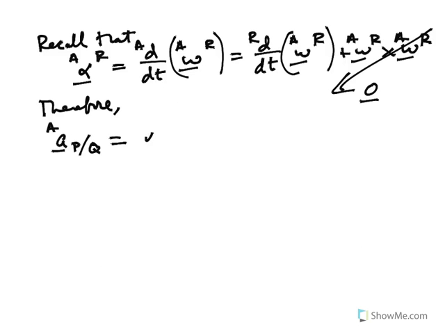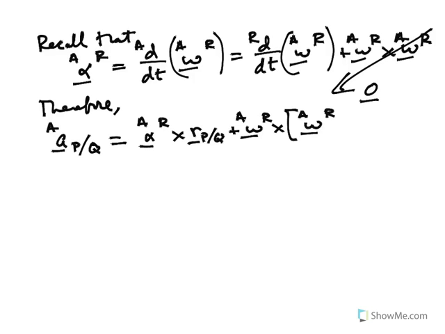Now if we substitute, we get alpha Ra crossed with the position of p relative to q plus omega Ra crossed with, now I substitute d/dt in A of the position of p relative to q, which is omega Ra crossed with the position of p relative to q.